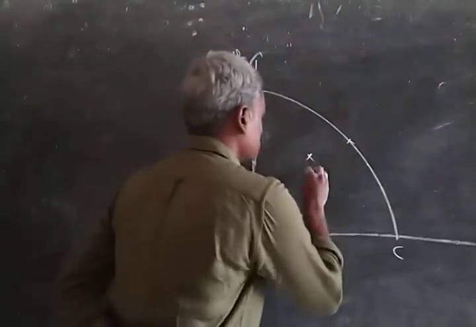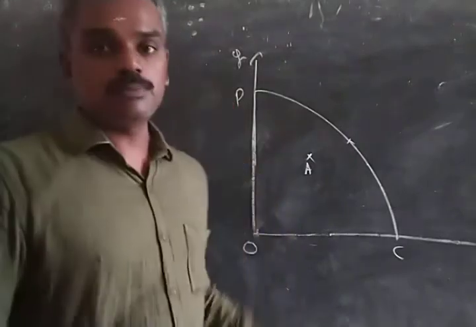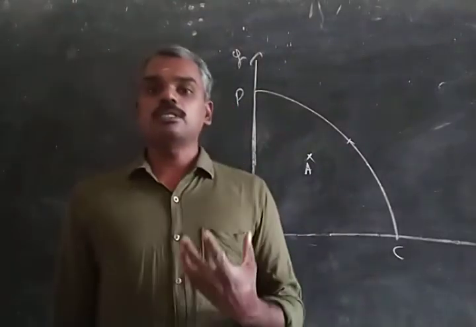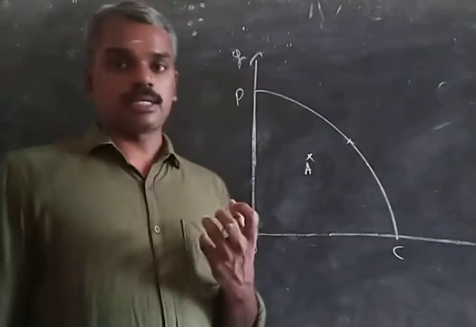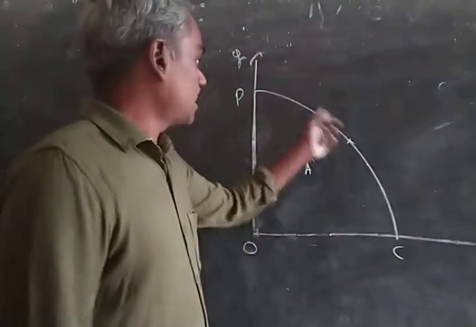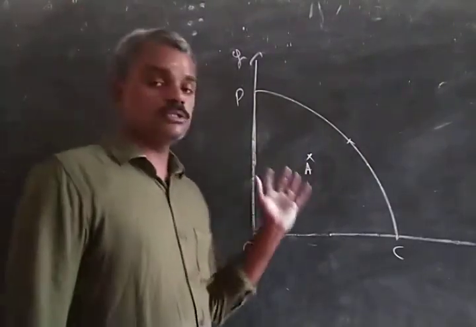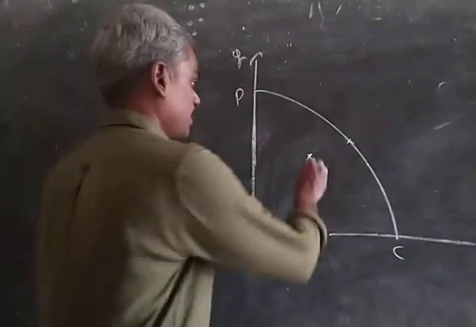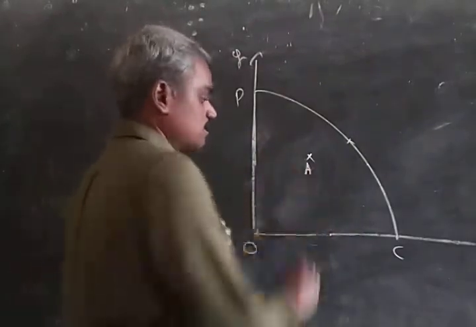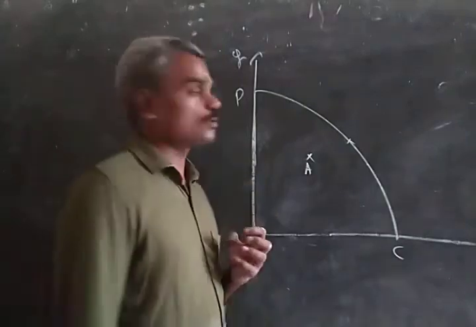Suppose the economy was at point A. It can be at point A if it is not using its entire resources. If it is using its entire resources, it will be at some point on the curve. But because it is not, it will be at point A, producing some units of X and Y. So here it is underutilizing resources.